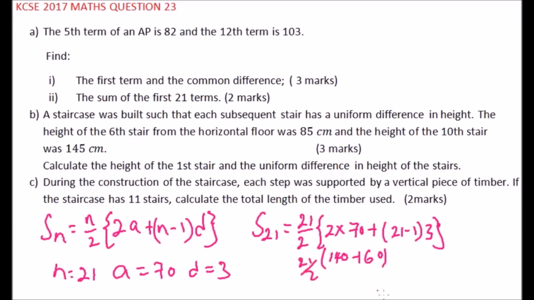So when you add 140 plus 60, you get 200. So 21 over 2 times 200 is equal to, 200 divided by 2 is 100. 100 multiplied by 21 is 2100. So that is the sum of the first 21 terms in that question.